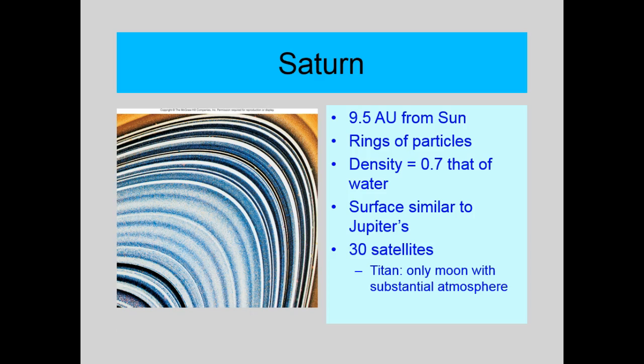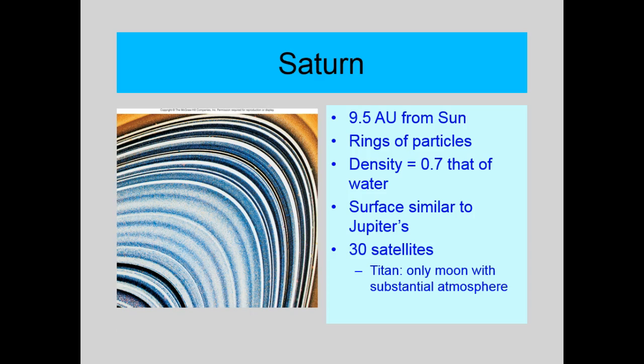And then here are the major rings, but then there are other rings that are still way out there. And Titan, its moon out here, is somewhere even way beyond that. So the rings are in close, and the moons are outside of those rings. And some of them are way outside the rings.